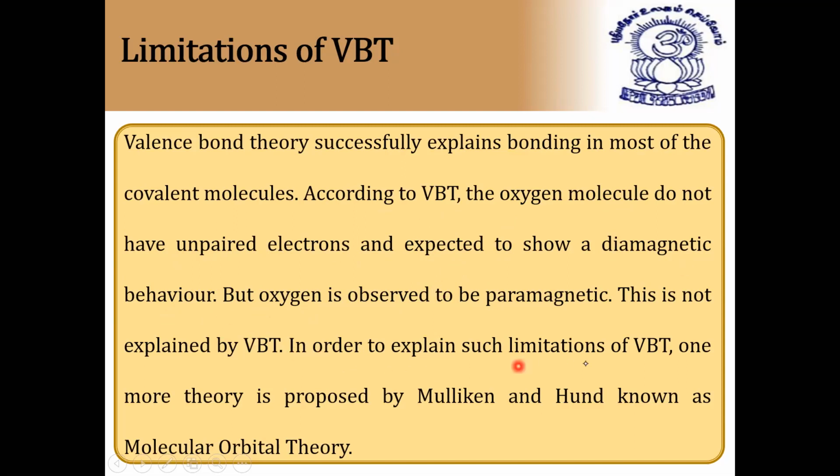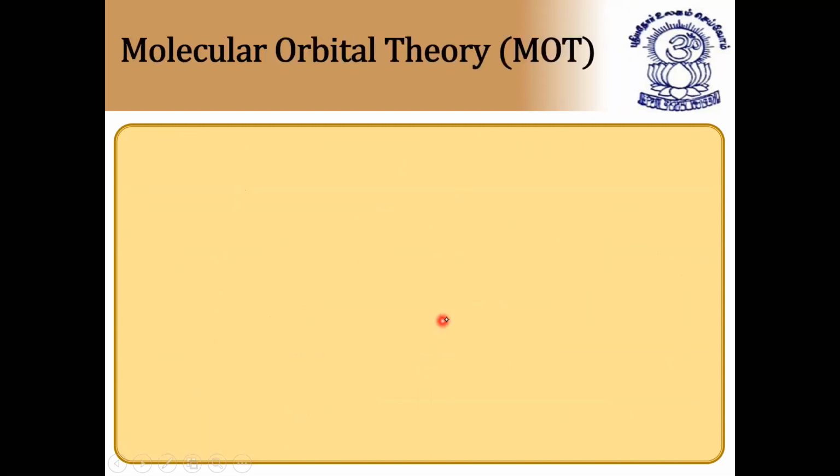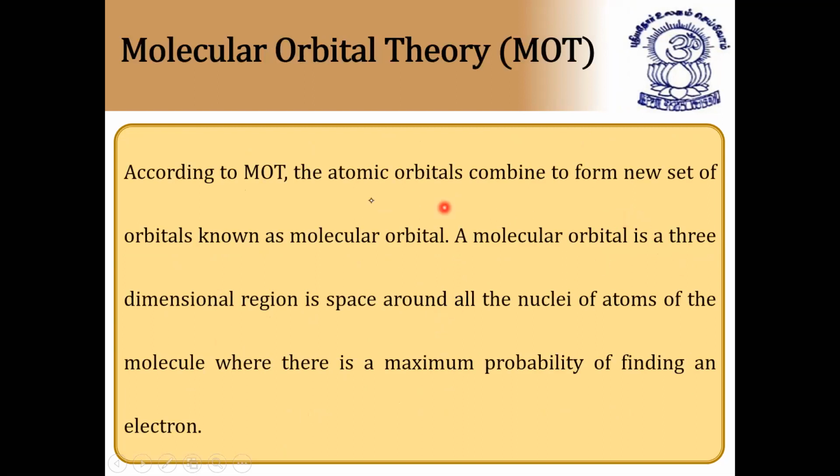In order to explain such limitations of VBT, one more theory was proposed by Mulliken and Hund, known as MOT, that is molecular orbital theory, which we are going to discuss now. According to molecular orbital theory, atomic orbitals combine to form a new set of orbitals known as molecular orbitals.